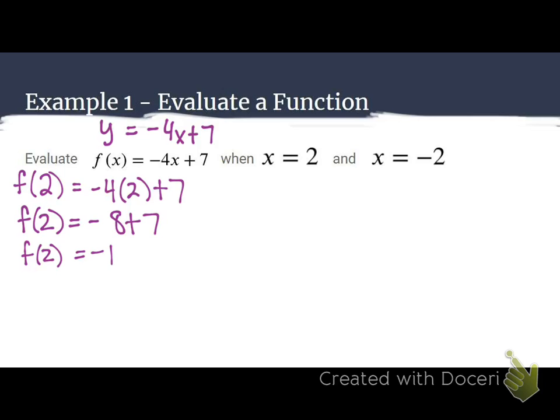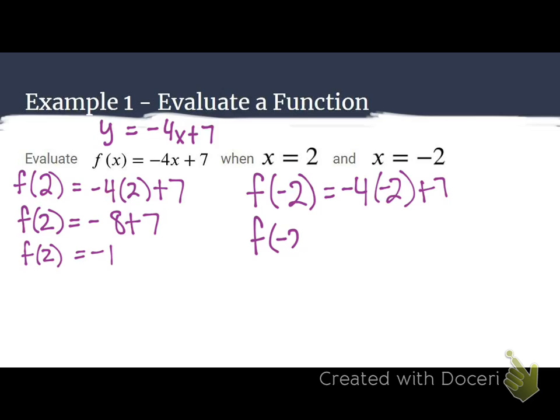For the second half of the problem, what do they want us to plug in for x? Negative 2. So this time I'm evaluating my function at negative 2. So I'm plugging in a negative 2 for x. Again, on the left side by the f, it's going to stay f parentheses negative 2 the whole way down.